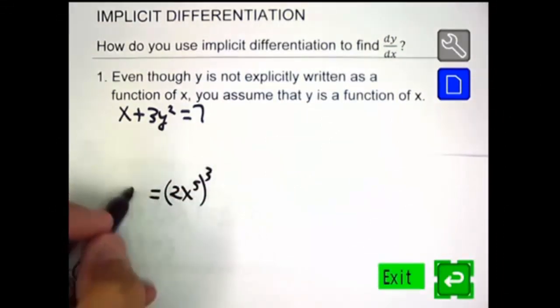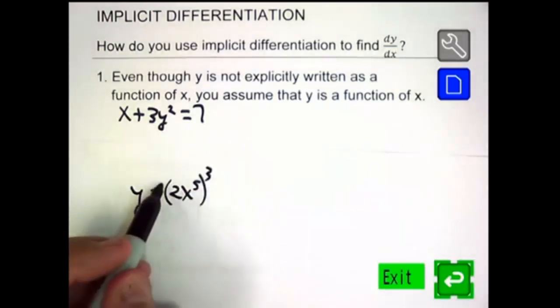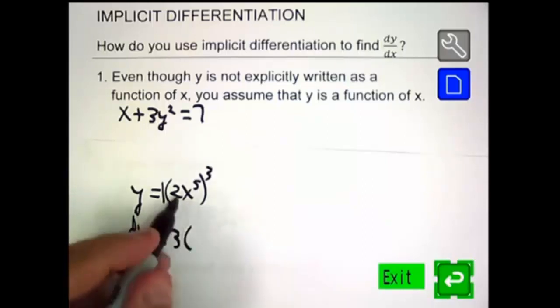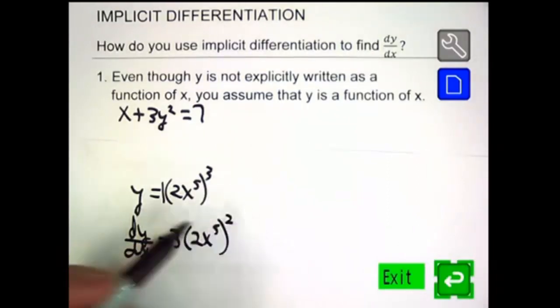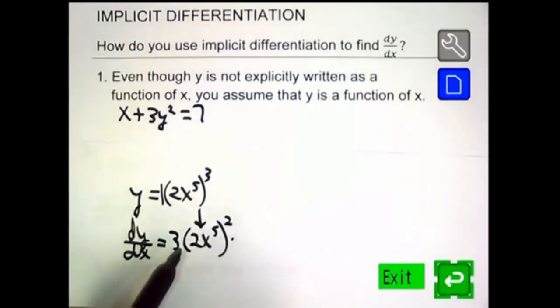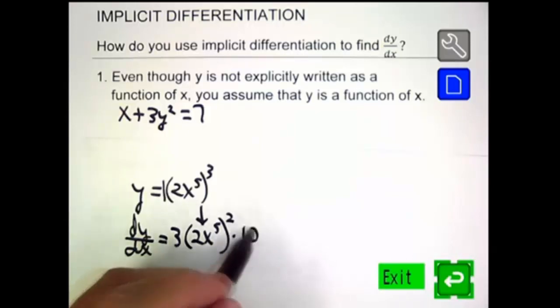Then I would take the 3, bring it down and multiply it by the 1, and that'd give me 3. Then I'd write the base down and reduce the 3 to a 2, but then the chain rule would kick in. Since that's a function of x, I have to come back and multiply by the derivative of the base, which would be 10x.